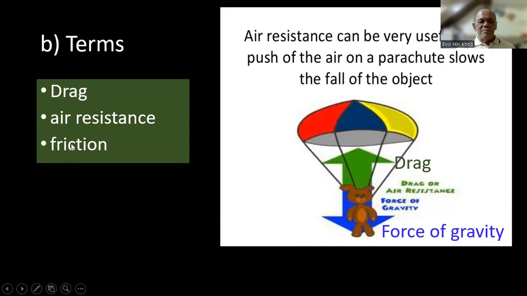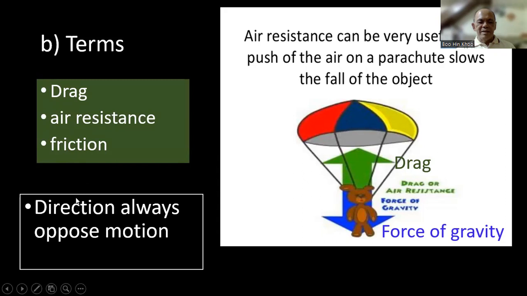When a car moves on the road, you have air resistance and friction, and these two together become the drag. The key term to always remember is that the direction of this force always opposes motion. Here, the object is moving downwards, so the drag is acting upwards.